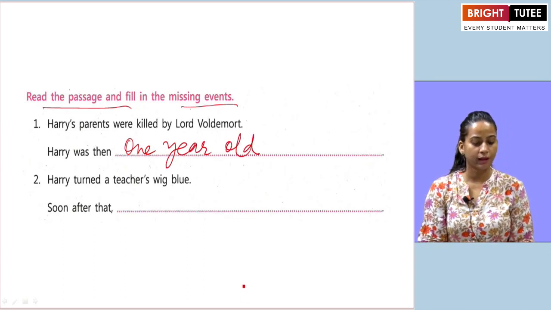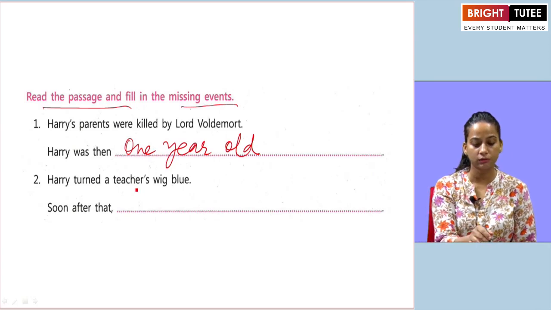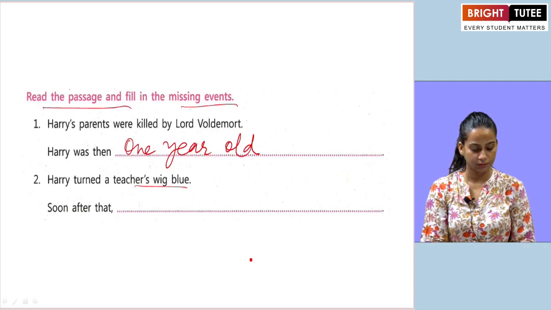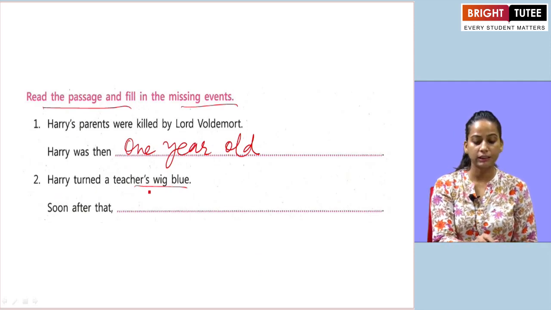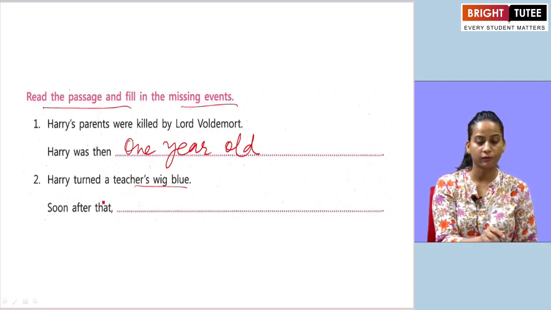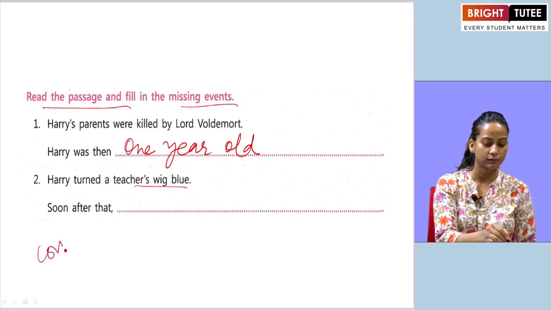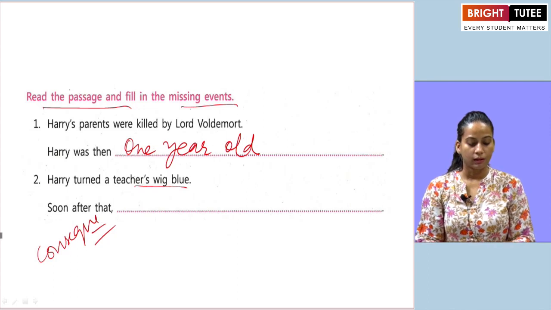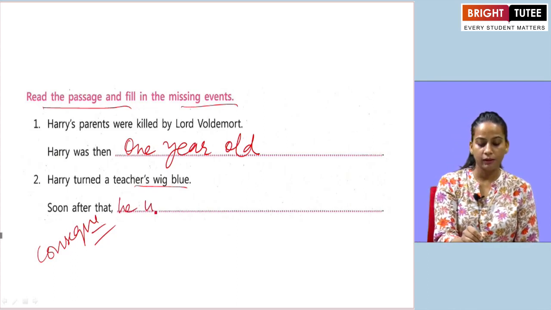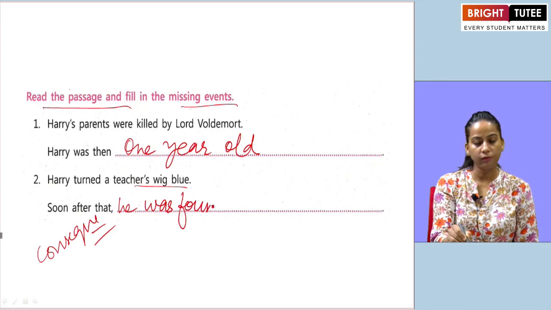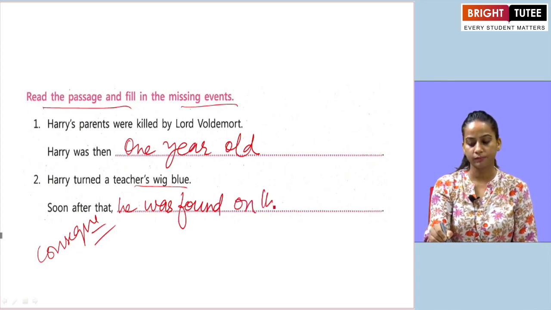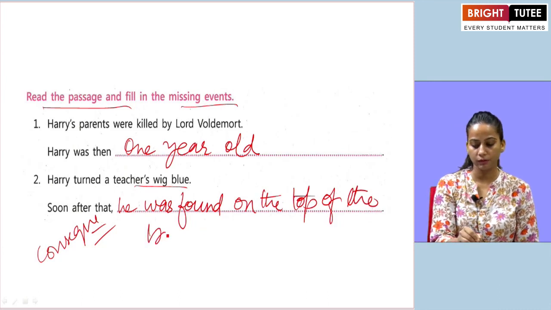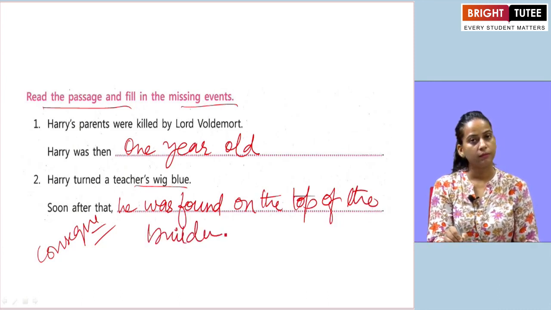Then the next one, Harry turned a teacher's wig blue. Soon after that, what was the outcome, the consequences of that? So we have to mention that he was found, we have to write, he was found on the top of the building.